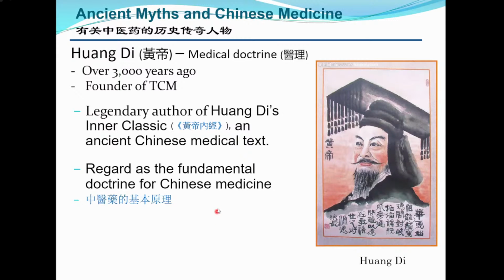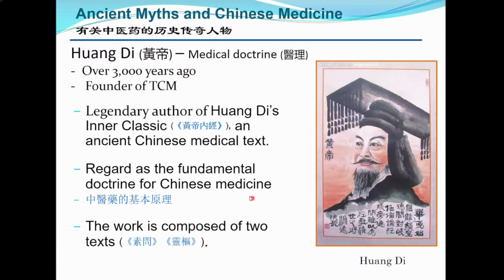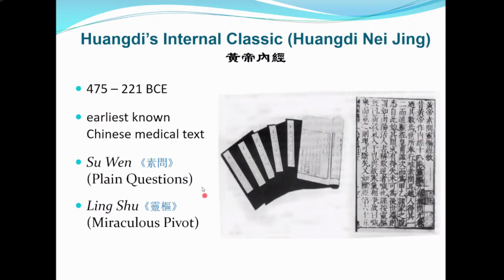Most Chinese medicine practitioners have learned this. This book has 2 volumes, one called Ling Shu and one called Su Wen. The book was written about 2,000 years ago by multiple authors, but they all use the name of the Yellow Emperor as the author.